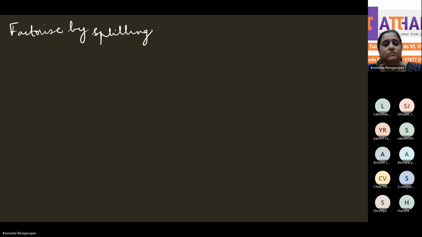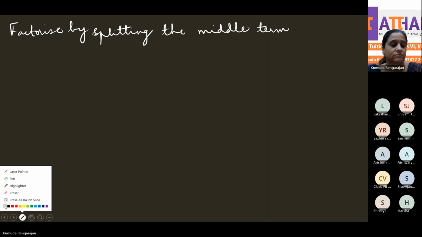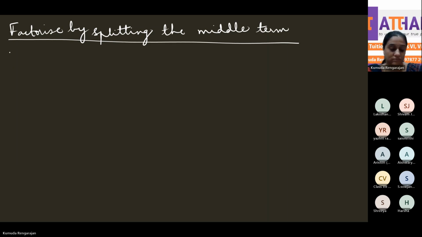Okay, so the next heading is factorize by splitting the middle term.